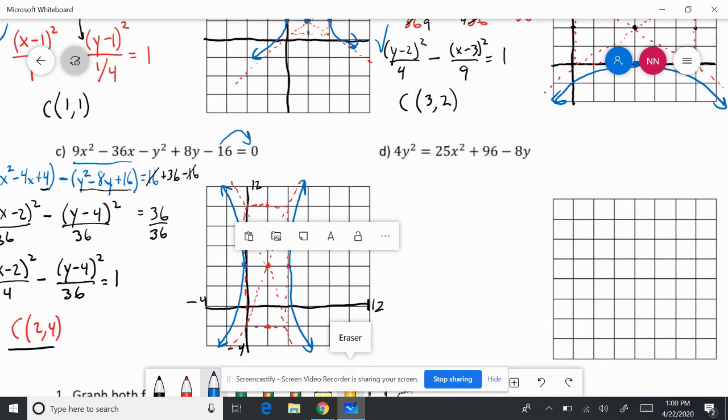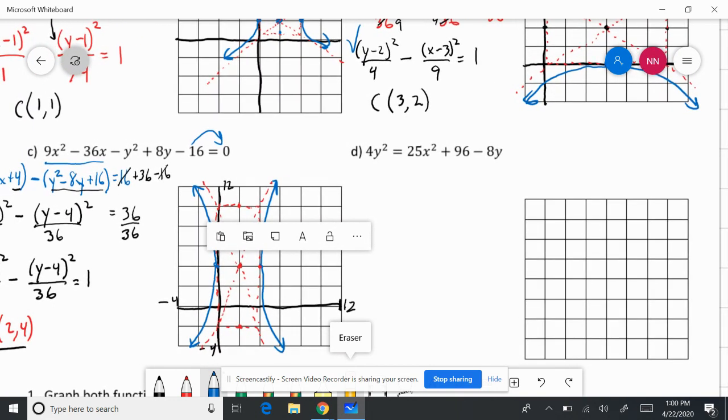Let's look at the second one. So when we're looking at this right here, what I'm going to do is get the x's and y's together. So I'm going to move the y over, and I get 4y squared plus 8y. I'm going to bring the x over, minus 25x squared.